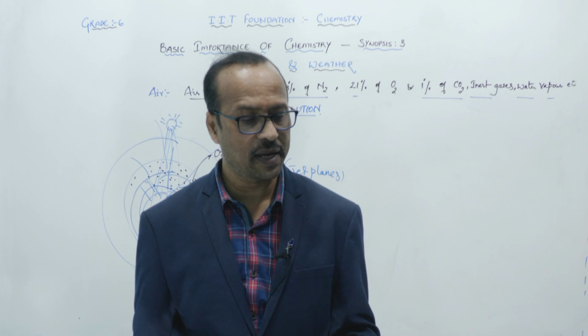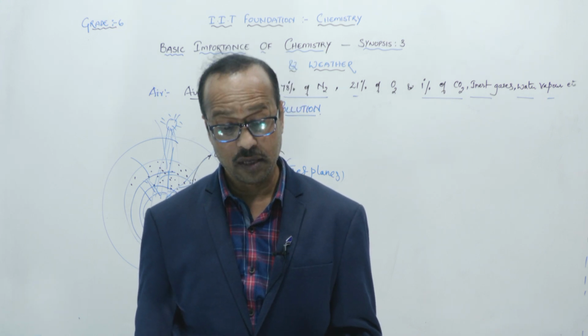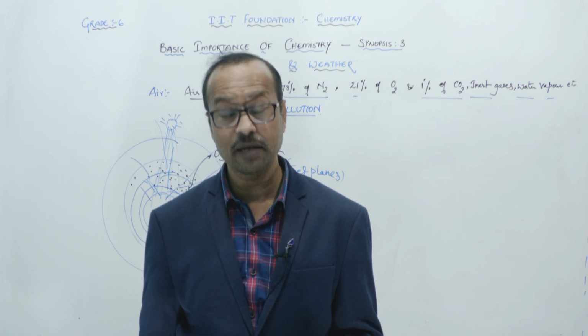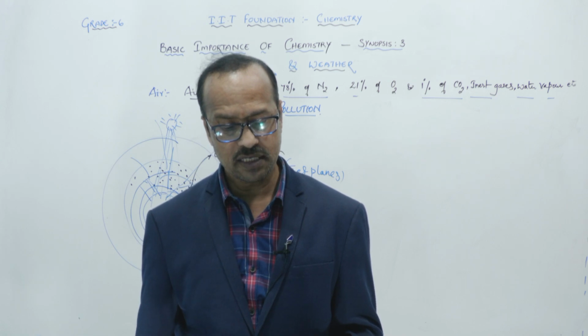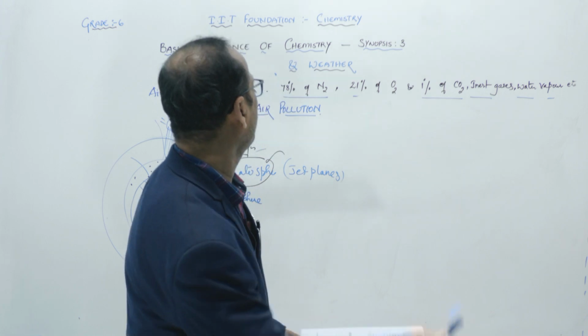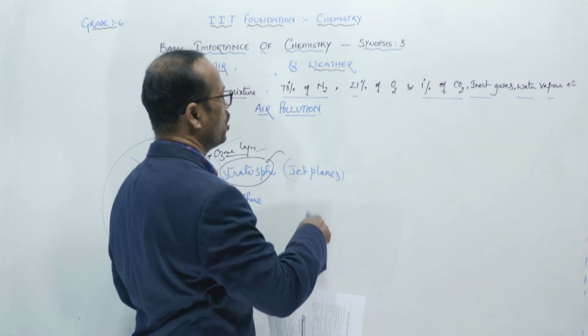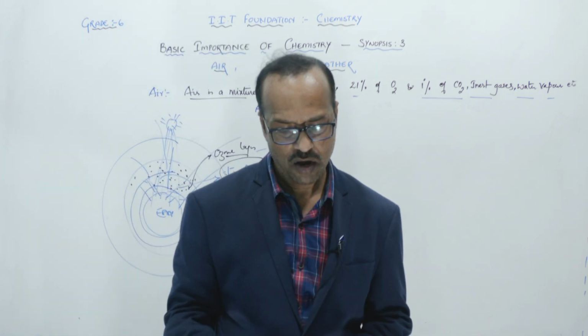Air blows from a place of higher pressure to lower pressure, so option is 1. The burning splinter burns brightly in the presence of oxygen because oxygen supports burning. The percentage of oxygen and nitrogen in air is 21 to 78, approximately 1 to 4. So the option is 1 to 4.